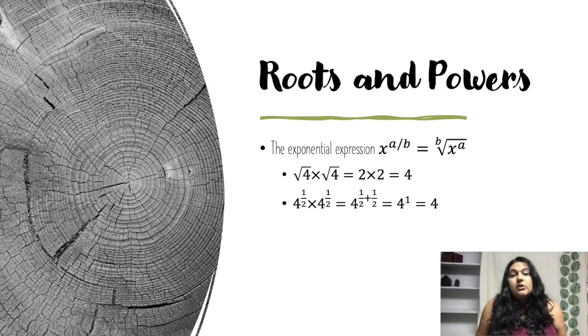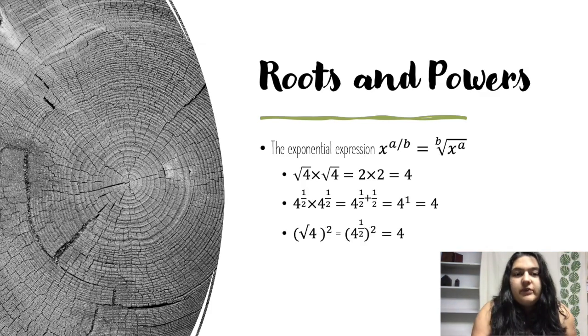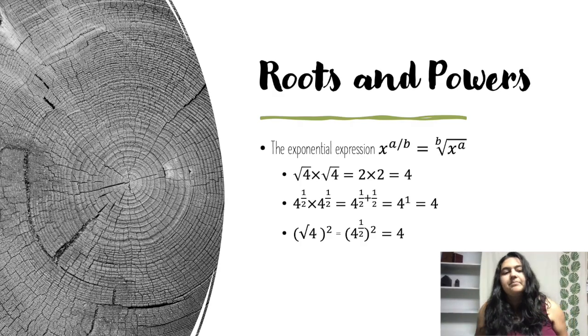Well, according to our exponential properties, if they have the same base, we can add the exponents. So we have 4 to the 1/2 plus 1/2 power. 1/2 plus 1/2 is equal to 1. So 4 to the first power is just equal to 4. Hopefully you guys still remember that.